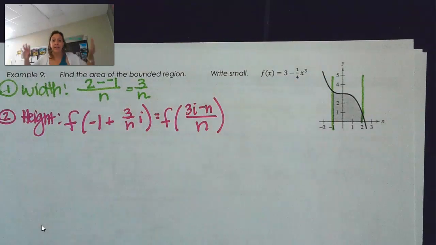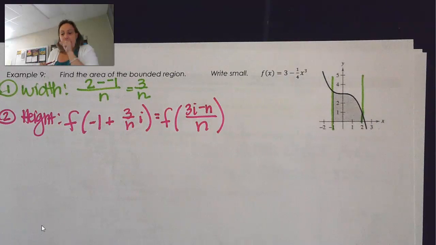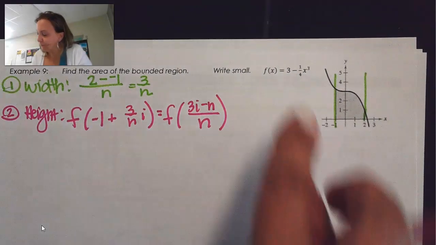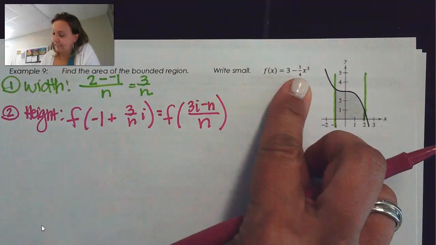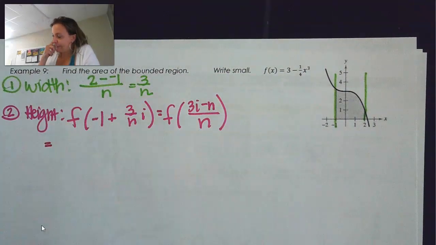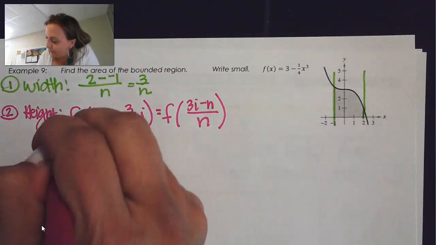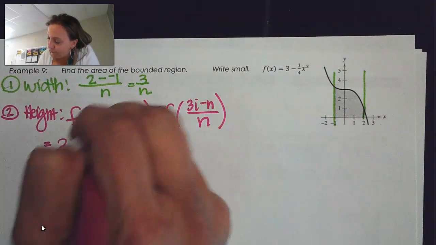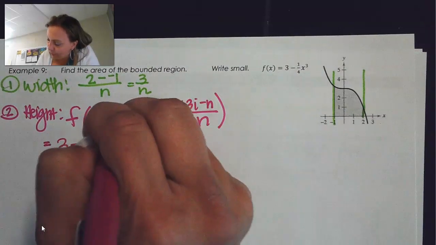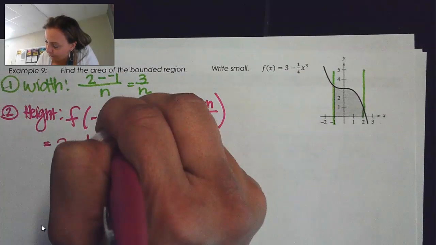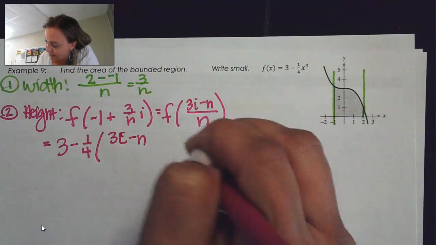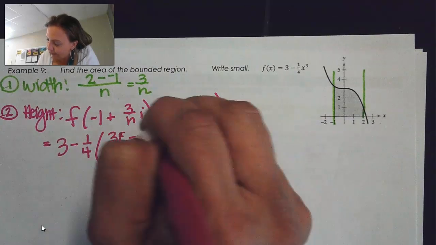If you write it as -n plus 3i, that's beautiful, okay? Excuse me. And so now we're going to have to put this in here. Can you see why this might be a little annoying? Yes, because we're cubing. Okay, so we end up with 3 minus 1/4, and now we're going to want 3i minus n over n cubed.